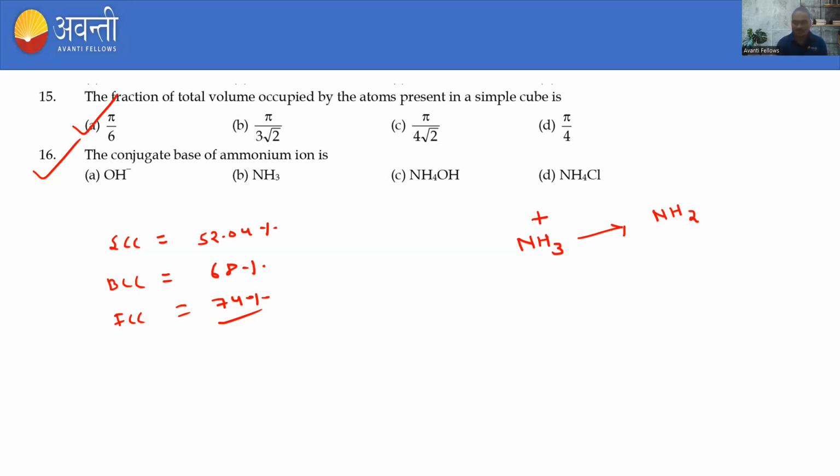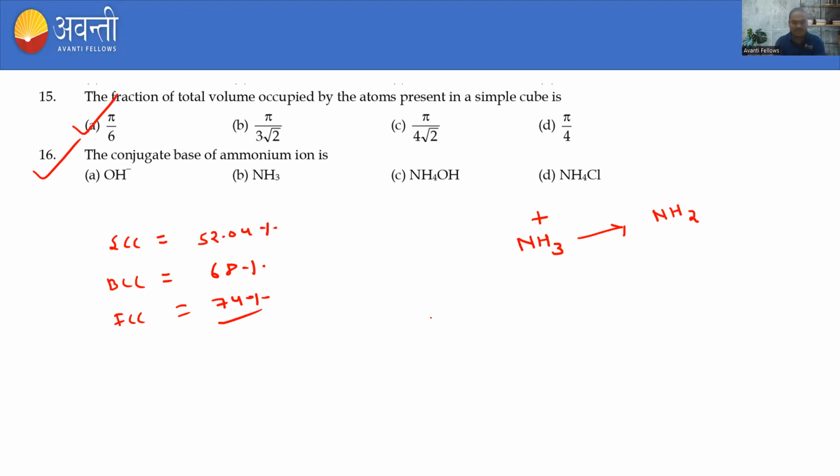Conjugate acid is formed when the proton is accepted by the Bronsted base. While the conjugate base is formed when a proton is donated by the Bronsted acid. Okay, so this thing you need to remember.